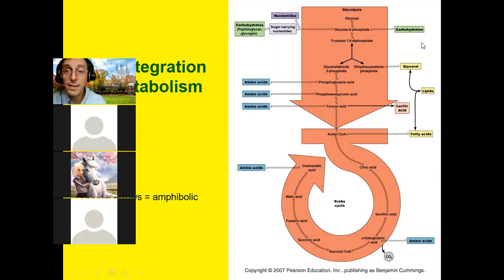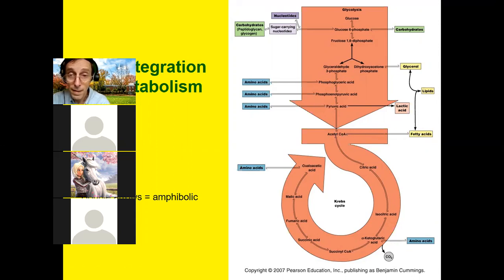The important part is that carbohydrates can be converted into glucose and then enter aerobic respiration, but you can see amino acids can be converted into glucose, and lipids can be converted into fatty acids, and actually they enter acetyl coenzyme A directly, converted into acetyl coenzyme A.